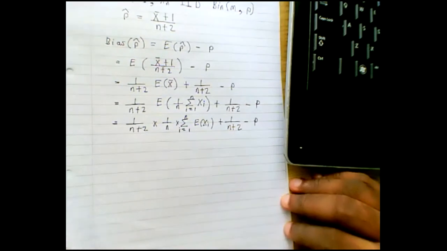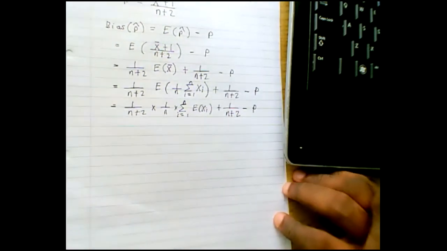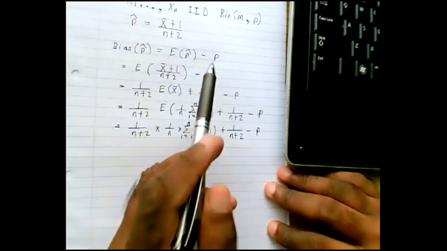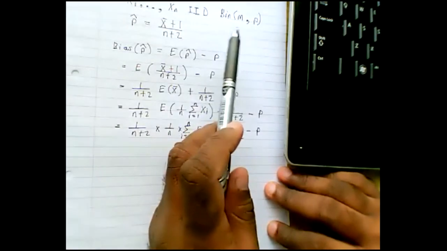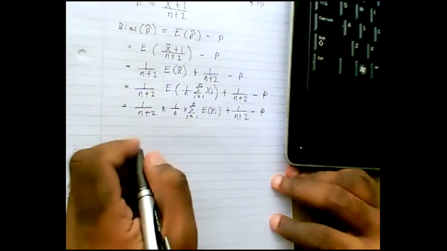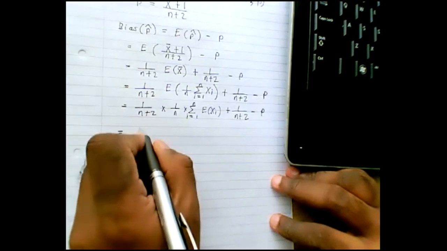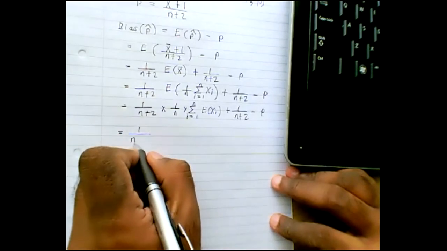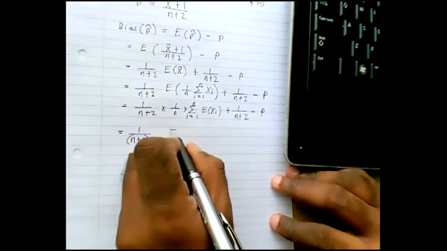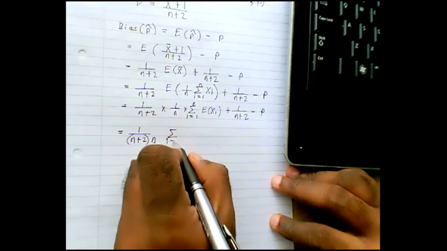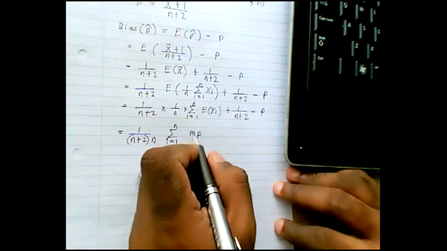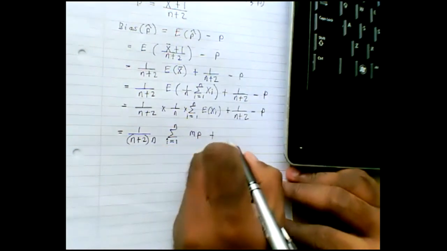Do you guys remember what the expectation of a binomial variable with parameters m and p is? I'm sure you know. The expected value of a binomial variable with parameters m and p is m times p.